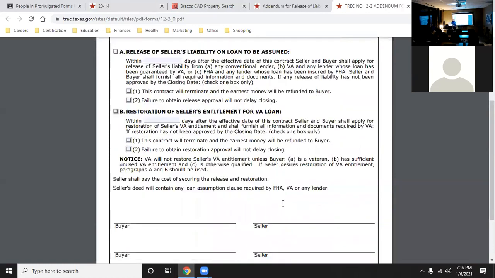But again, the key point here is that you, as a real estate agent, need to work closely with the veteran and the Veterans Administration to ensure that he, Mr. Grossman, gets his eligibility to purchase the house.